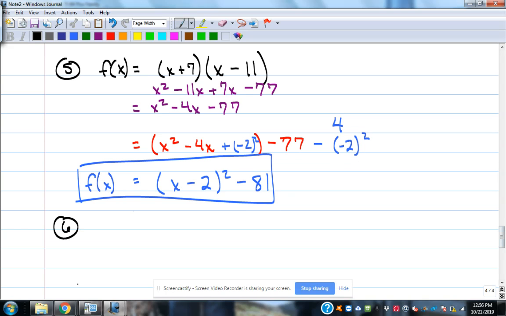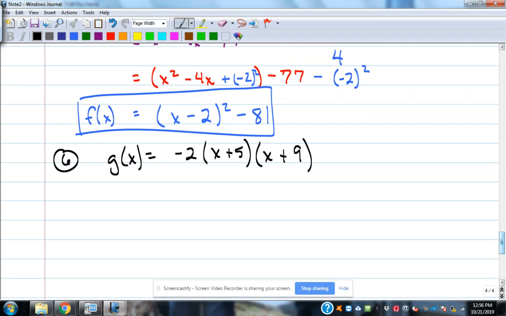Last one. Let's put a number out there in the front. What does that change about the problem? What do I still need to put that equation in?